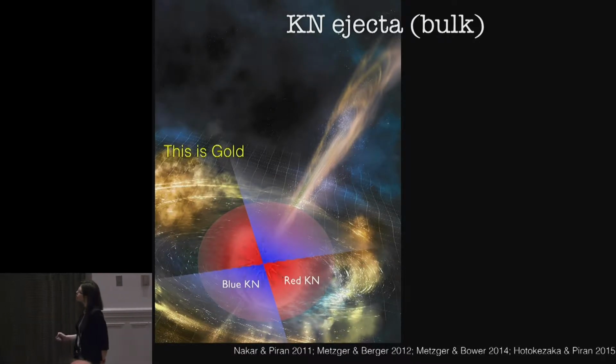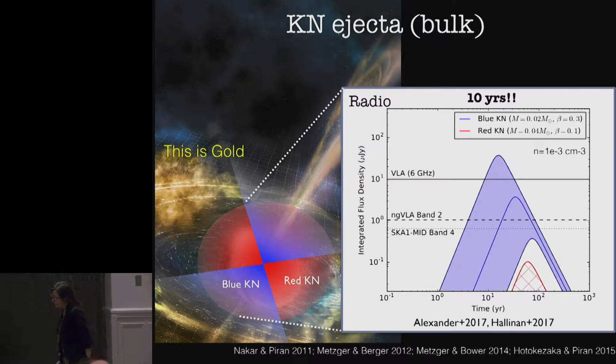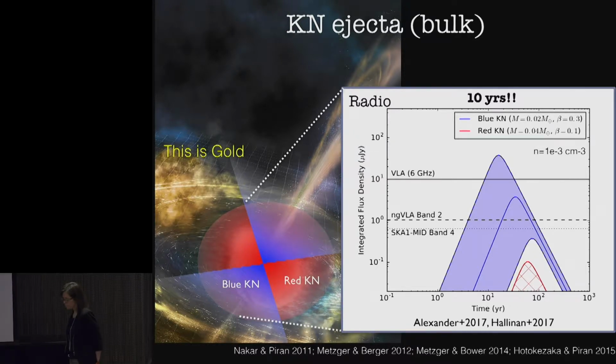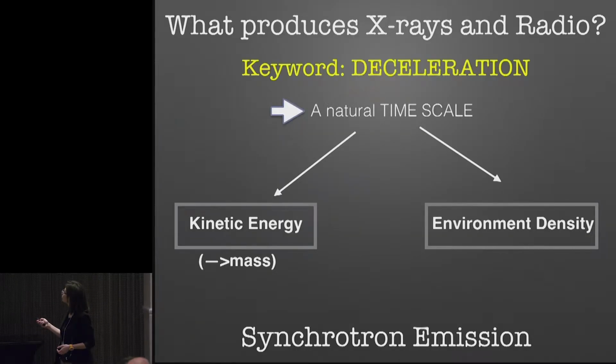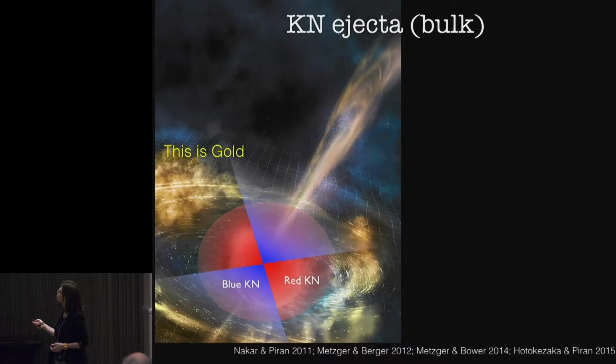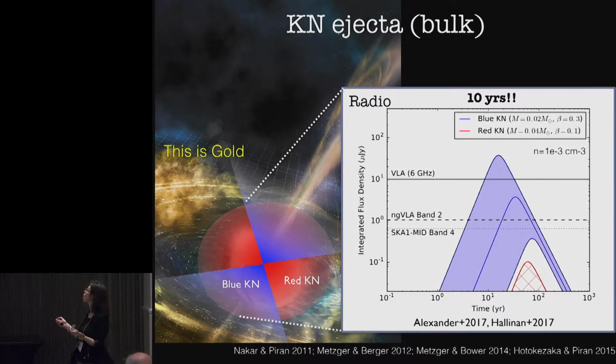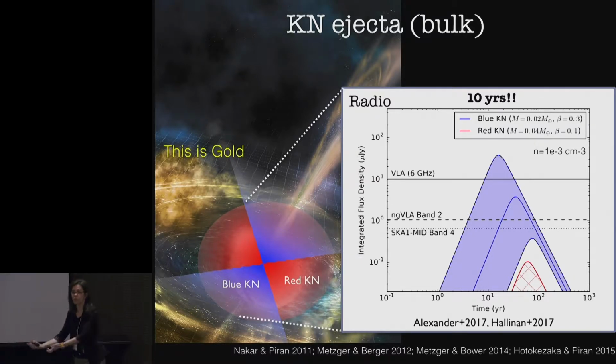So let's see. The first component of ejecta that we have is the one coming from the merger ejecta. If you use the numbers that come out from the modeling of the optical light from the kilonova, and I ask the question, which kind of emission should I expect from this matter interacting with the environment?